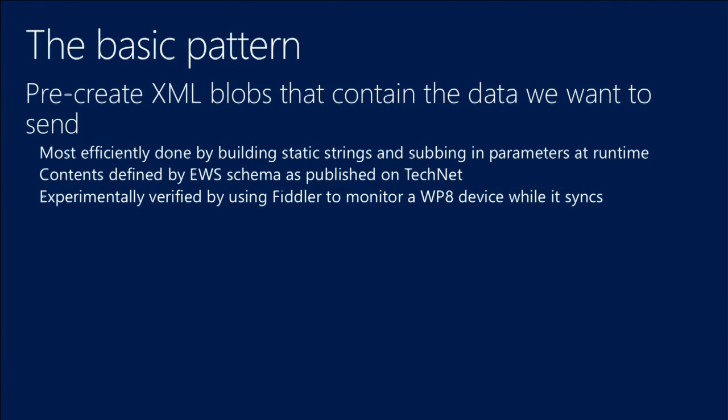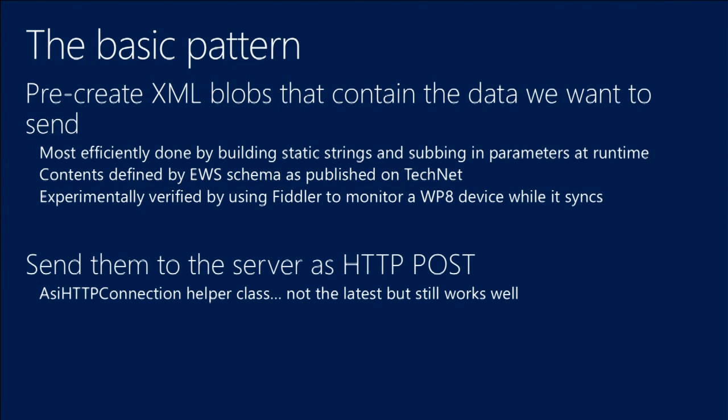For example, it doesn't discuss building inbox rules using EWS because those features didn't exist. It doesn't talk about how to get high-resolution contact photos because there was no such thing at the time. So the gold standard for figuring out how to talk to the server is have another device talk to the server and see how it's doing it.